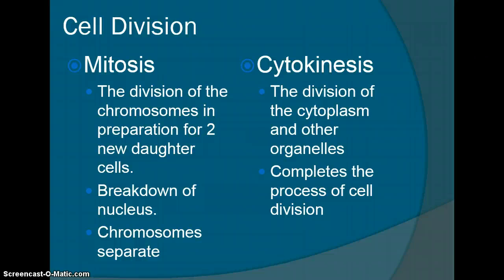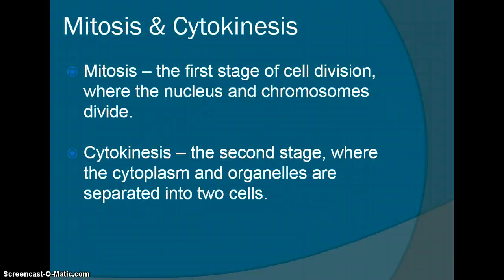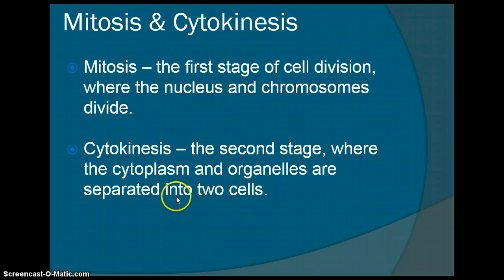In cytokinesis, you have the division of the cytoplasm and other organelles, and it completes the process of cell division. Again, just to reiterate, mitosis is the first stage of cell division, and the nucleus and the chromosomes are going to divide. Cytokinesis is the second stage.